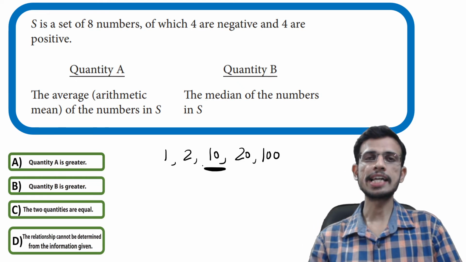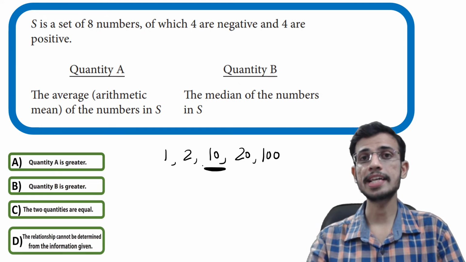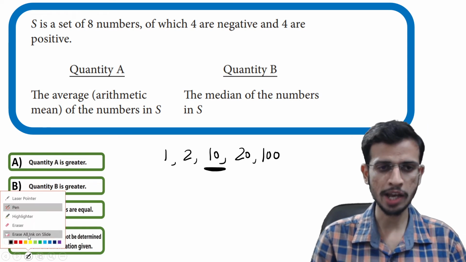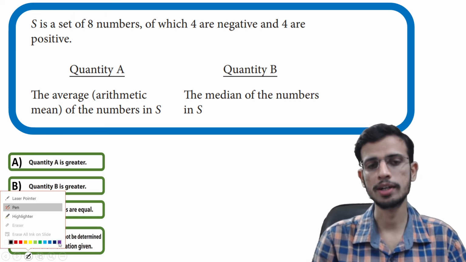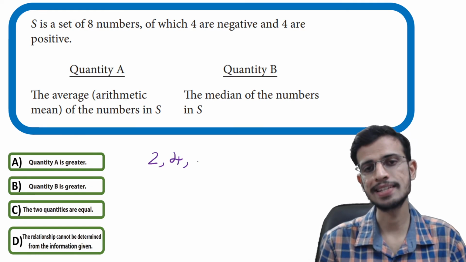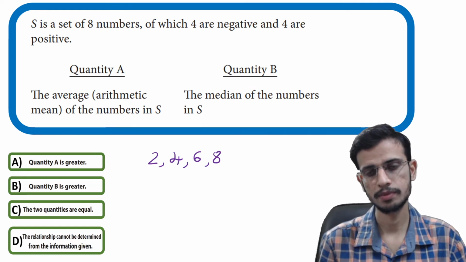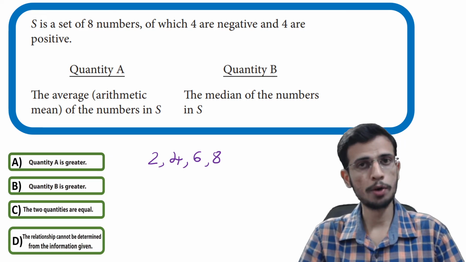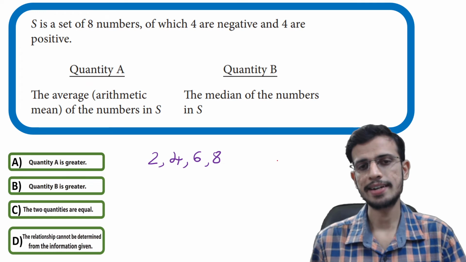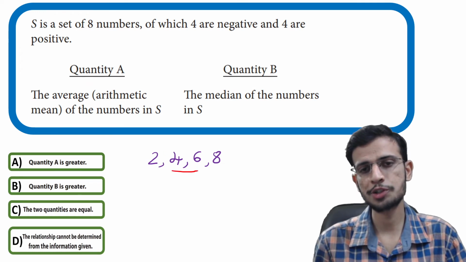But when the total numbers are even, how to find median? In that case, we arrange them in ascending order. If you want to find the median of this, there are 4 terms, so we'll take the average of these 2 terms.